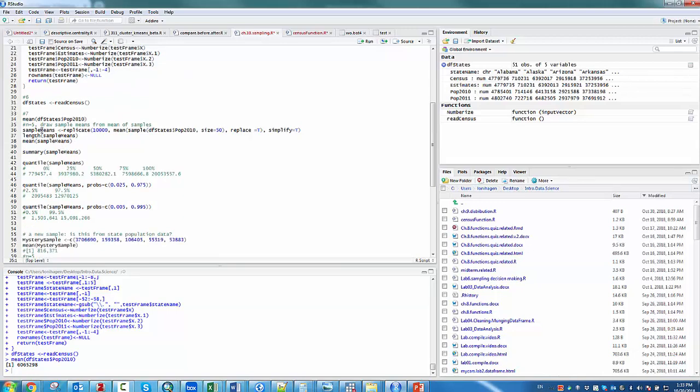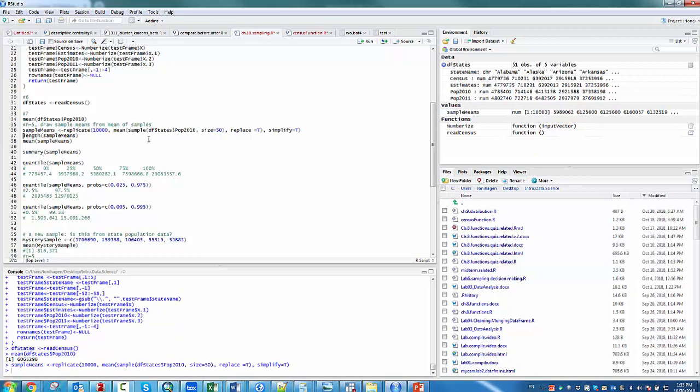One thing that you can do is create sample means, and as the other video will cover, you can create sample means by sampling a size of 5. In the book it says 5.